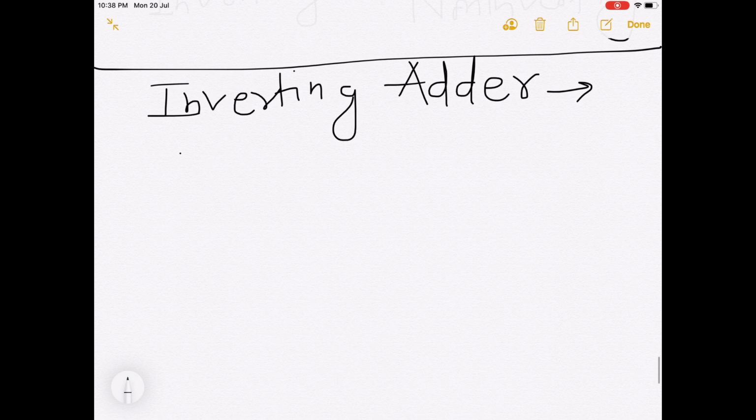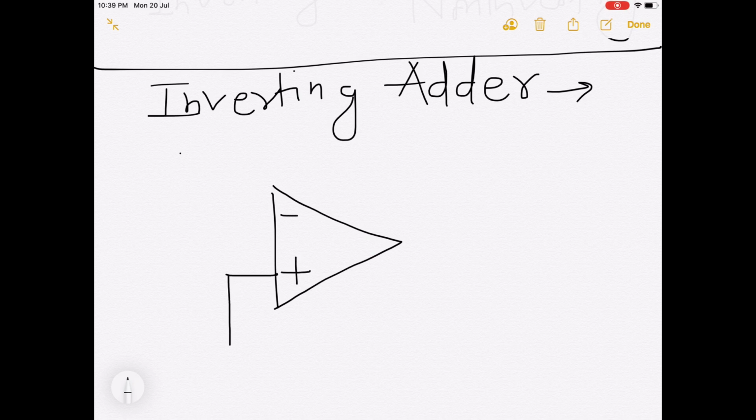So, in that, first of all we have to draw the diagram of inverting adder. Inverting adder is like this, we are applying ground to non-inverting terminal.